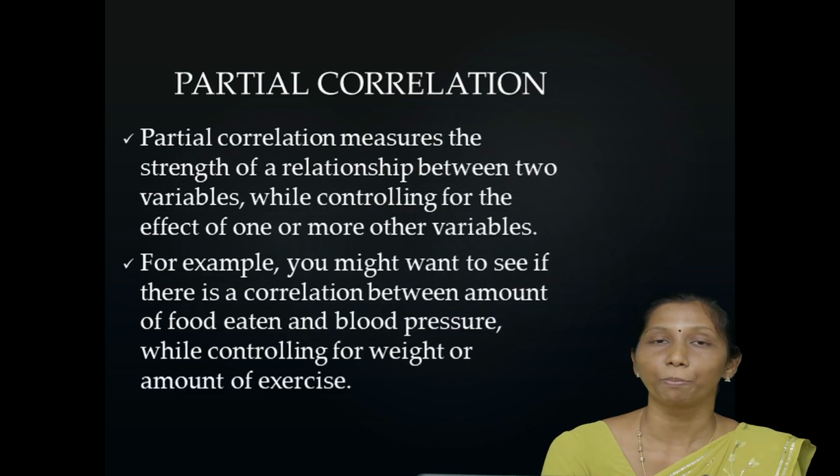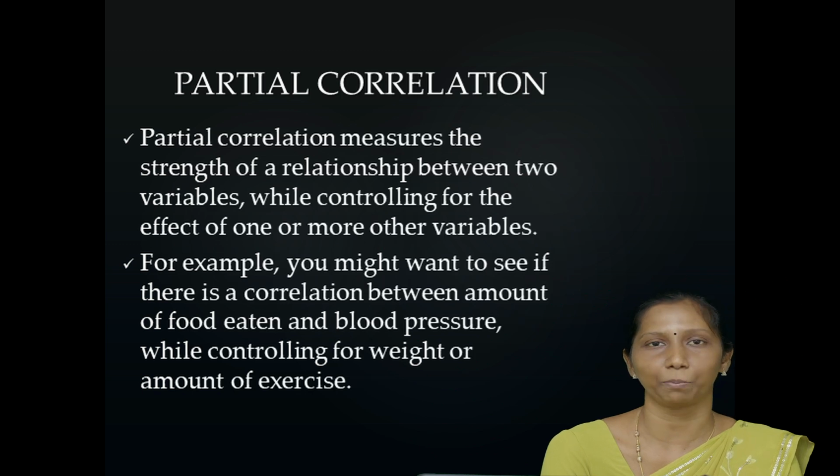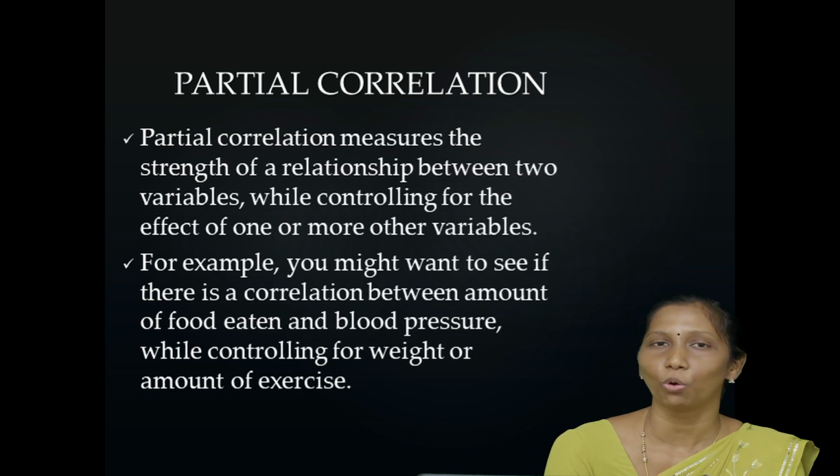Another correlation is partial correlation. It is also used to measure the strength of relationship between two variables, but while controlling for the effect of one or more other variables. As usual we are studying two variables, but one or two more variables are controlled.